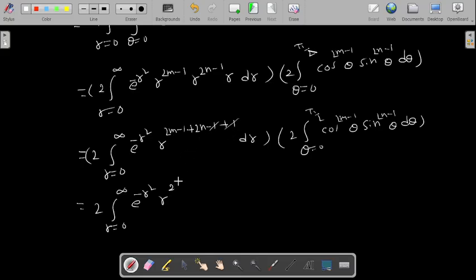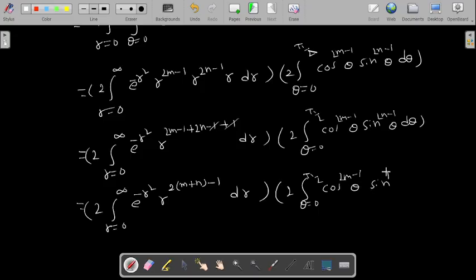So we can take 2 common: r power 2, m plus n minus 1, dr. Can I write? Yes, sir. So now 2 into integral theta equal to 0 to pi by 2, cos power 2m minus 1 theta, next sin power 2n minus 1 theta d theta.